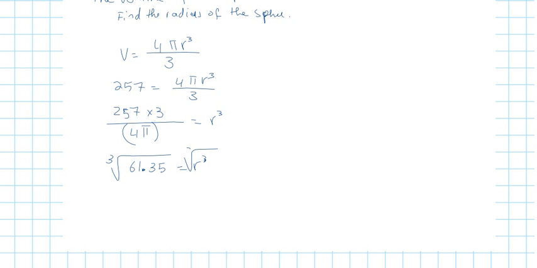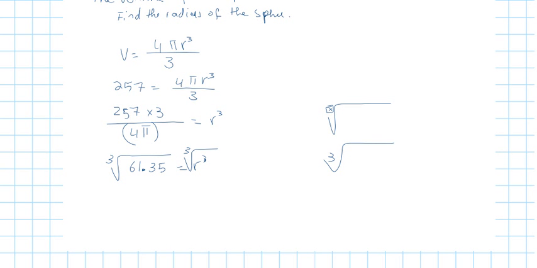If you can't find the cube root on your calculator, you can also find a root that has an empty box or an x here, and you put a 3 in it. So you can do the cube root, and some calculators already have that button. You will need to use this if you have anything above 3, because most calculators don't have the 4th root or the 5th root or whatever root, right? So 61.35.